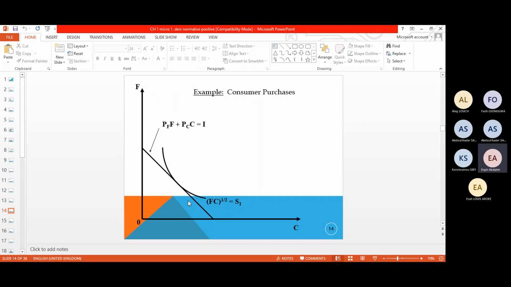This will then give us the optimal bundle for this given consumer to consume in a given scenario, where the utility function is the square root of F multiplied by C, with regard to this given budget line. Up to here is okay, you are understanding?